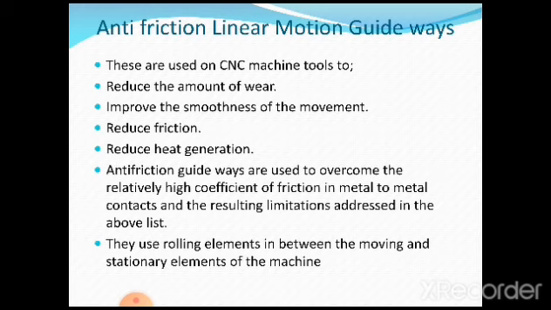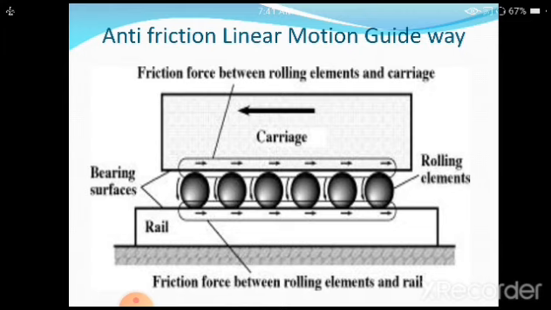So this is the structure of the application of the LM guideways, which can be used for moving the carriage, in turn for giving the movement to the work table. That you need to understand here.